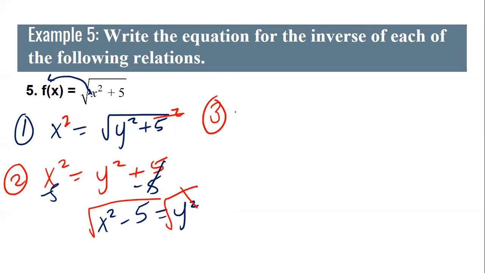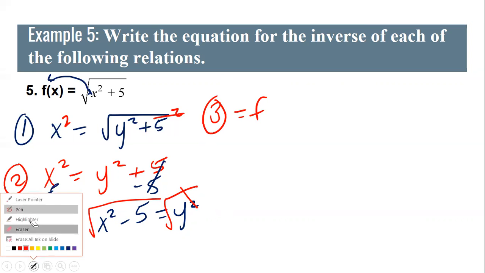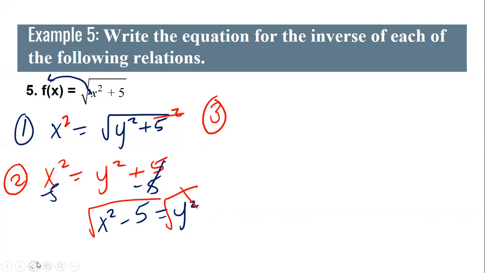So my inverse equals, I didn't mean to write equal in front of the f. My bad. Equals plus or minus, because when you take the square root of something, what happens?